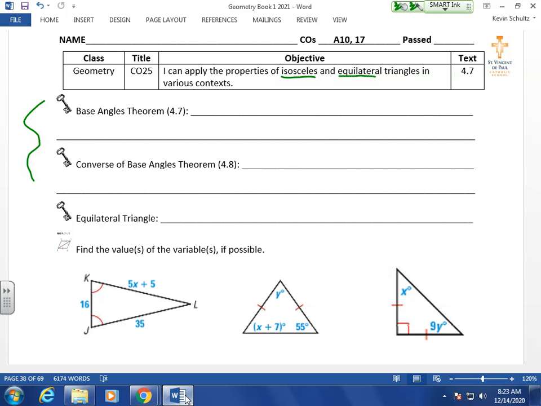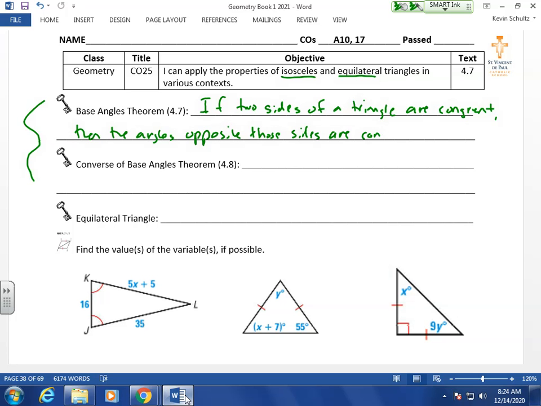So starting with the base angles theorem, or the BAT, what this says is that if two sides of a triangle are congruent, then the angles opposite those sides are congruent.